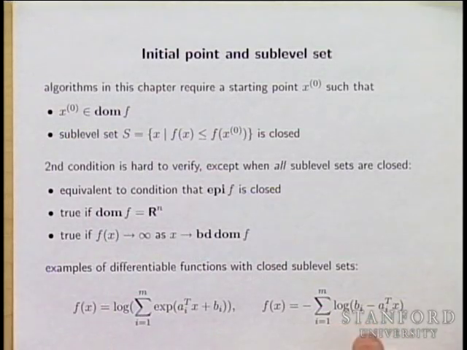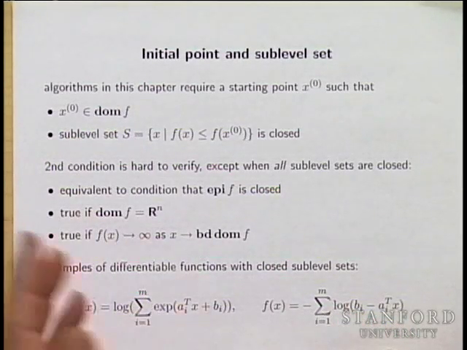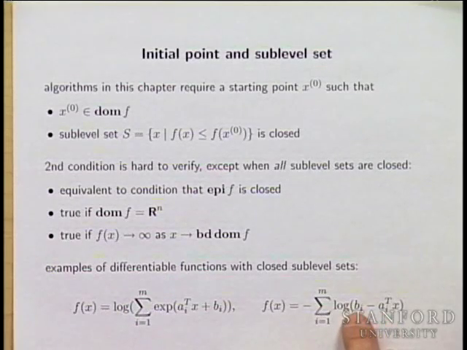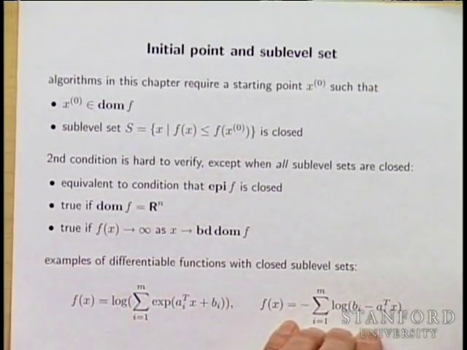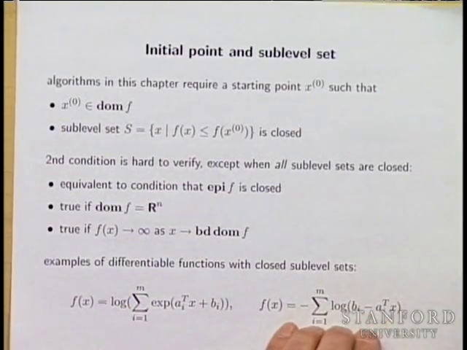Now, in this case, if you approach the boundary, it means you approach the boundary of the polyhedron. It means that one of these terms, b_i minus a_i transpose x, goes to 0. If that happens, the associated log term goes to minus infinity, and with a minus sign, it goes up to plus infinity. So this satisfies the second condition for sure, and therefore this has closed sublevel sets.